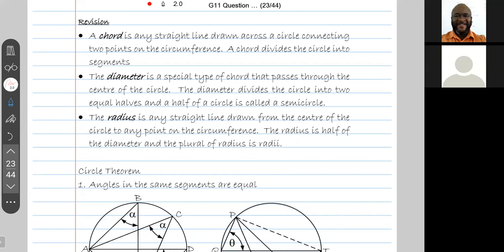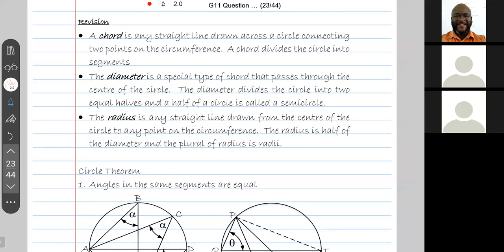All right, what else? The diameter is a special type of chord. So the diameter is also a chord. The diameter divides the circle into 2 equal halves, and a half of a circle is called a semicircle.